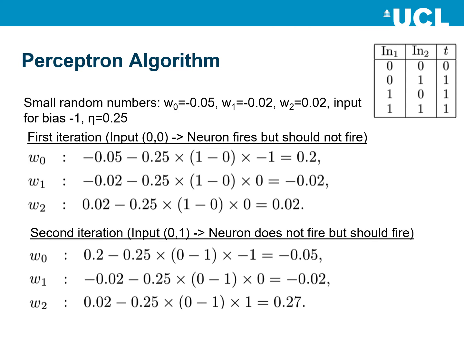If we use the previous equation, and if you look at the first update for W0, for your bias term with your learning rate 0.25, you will get a new weight 0.2. You do the same thing for W1 and W2, except you wouldn't use the bias term, you use the input 0, 0. In your second iteration, you take another instance from your training set. You have the same problem, your neuron does not fire, but it should fire.